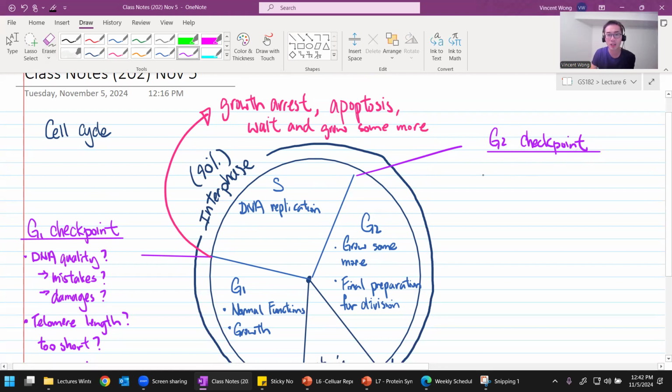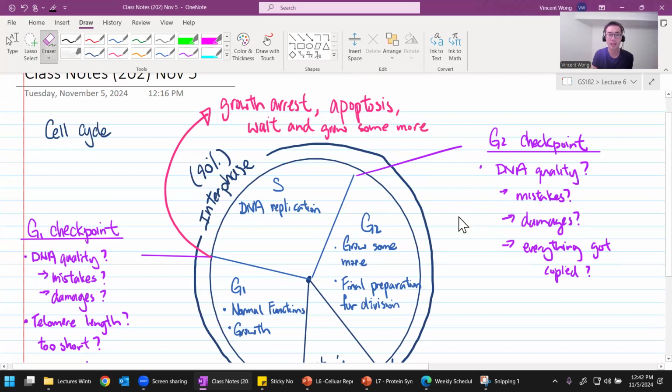So now the G2 checkpoint, what are we checking for? Well, mostly we're checking for DNA quality again. Right? Did you copy everything? Did you make any mistakes? Any DNA damage? Same thing. Everything got copied.